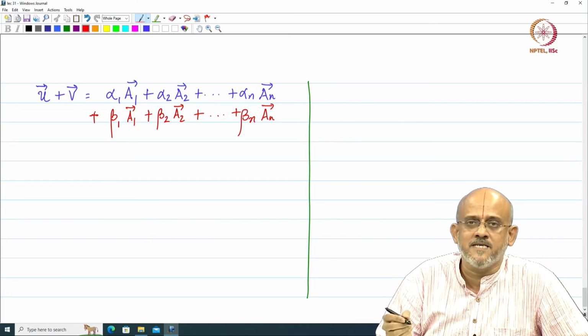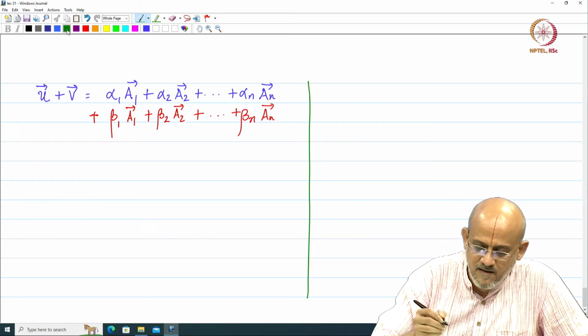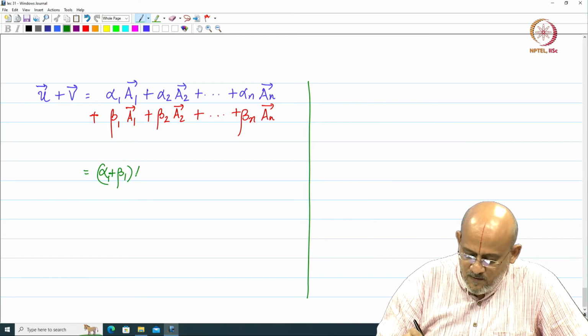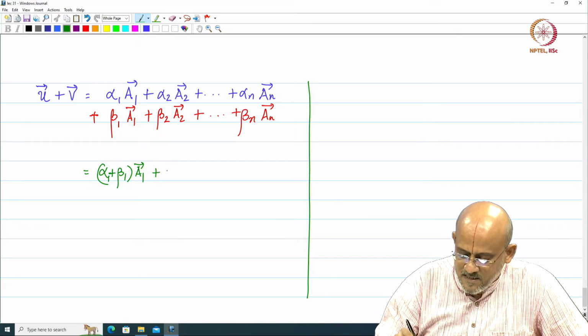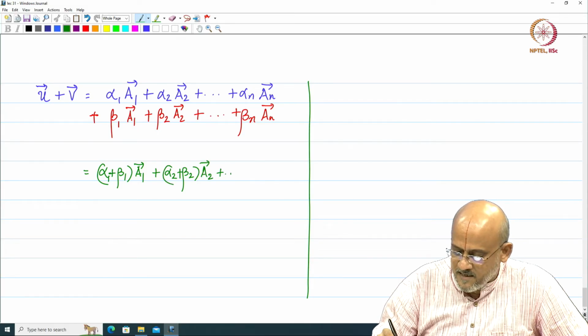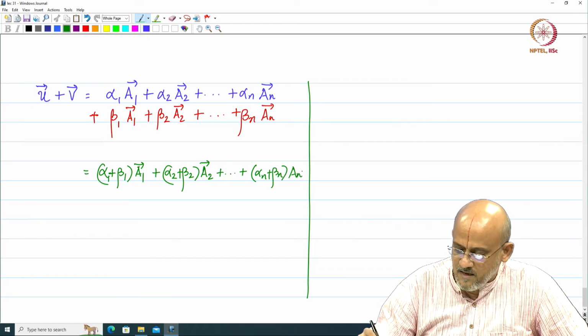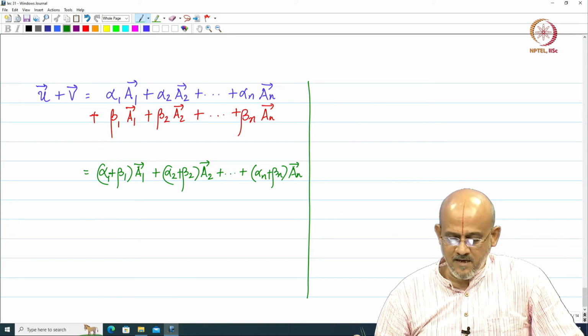This is, that is basically the b vector. So, what am I going to get here? I am going to get this as alpha 1 plus beta 1 into a1 plus alpha 2 plus beta 2 into a2 plus etc. plus alpha n plus beta n into a n, right.